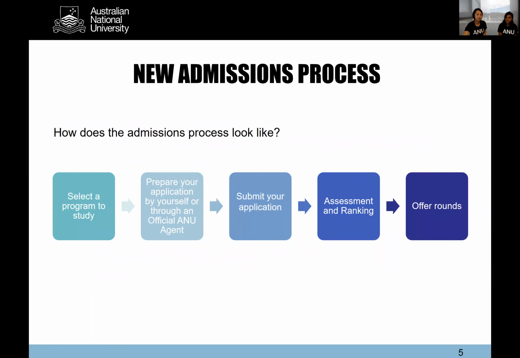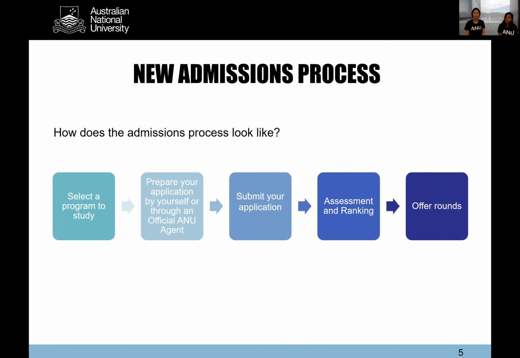As you can see, this is a quick snapshot of what the new admissions process looks like. First of all, you browse through the ANU Programs and Courses website to select a program to study. Then you prepare your application with supporting documents, either by yourself or through an official ANU agent.